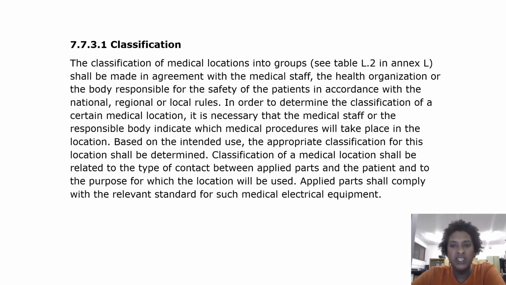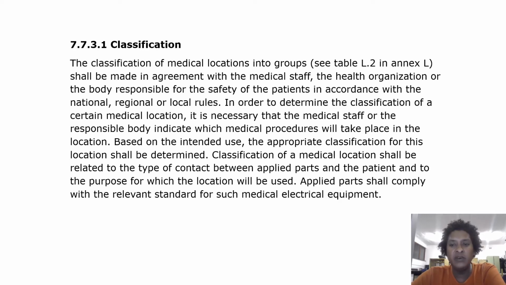In order to determine the classification of a certain medical location, it is necessary that the medical staff or the responsible body indicate which medical procedures will take place in the location. Based on the intended use, the appropriate classification for this location shall be determined.